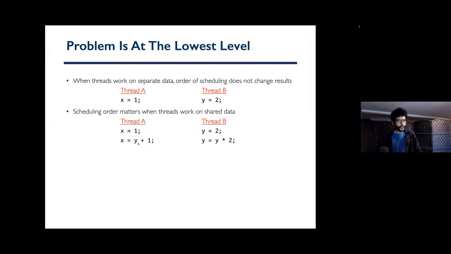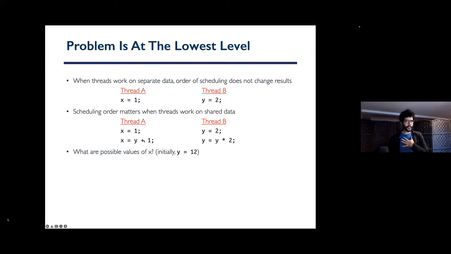Now, do you want to guess what could happen in different interleavings? So what could be the X at the end of thread A? What are the possible X's that I could have? So let's say that we start with Y equals 12. What could be the result of this X equals Y plus 1?